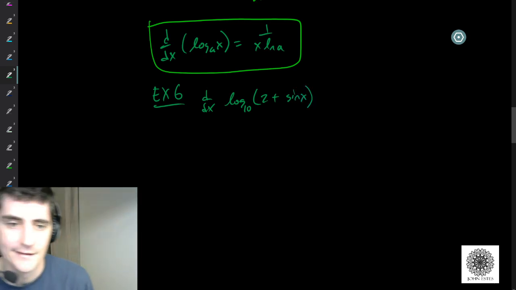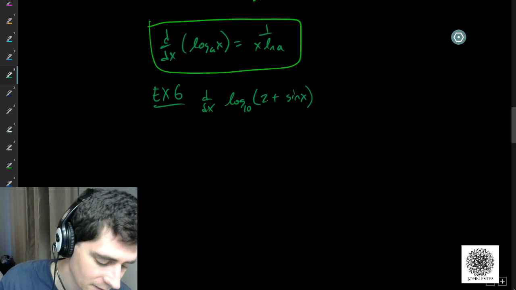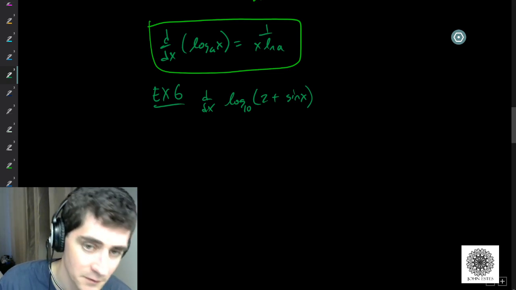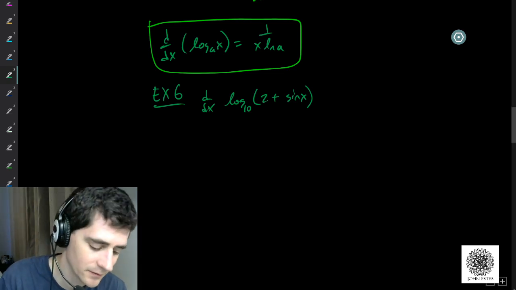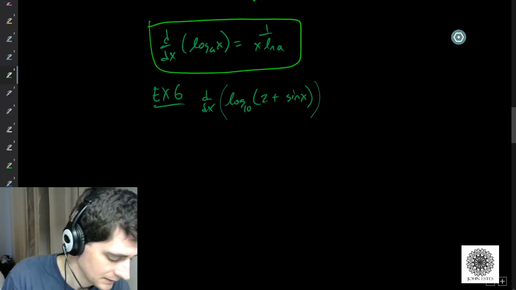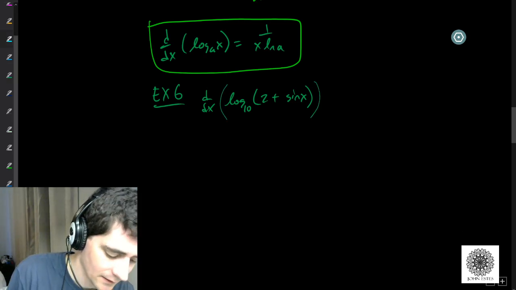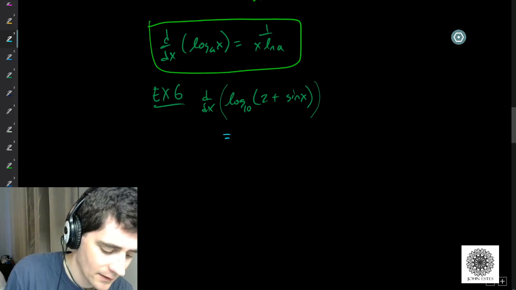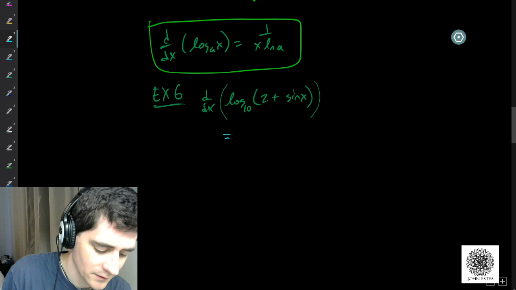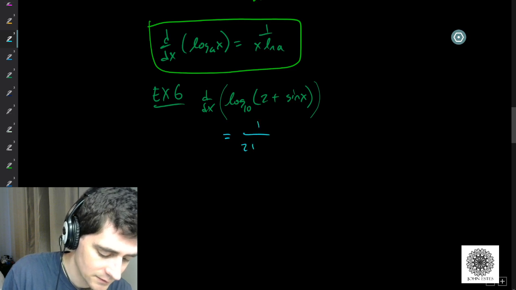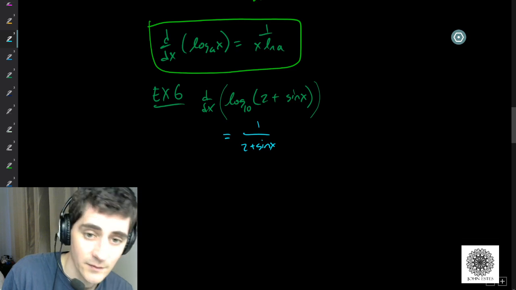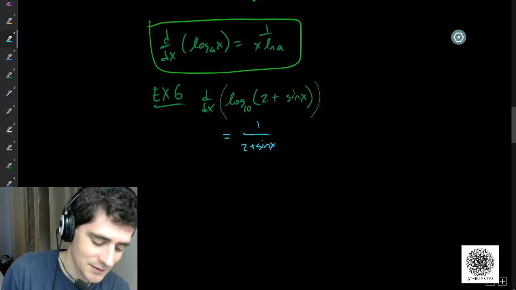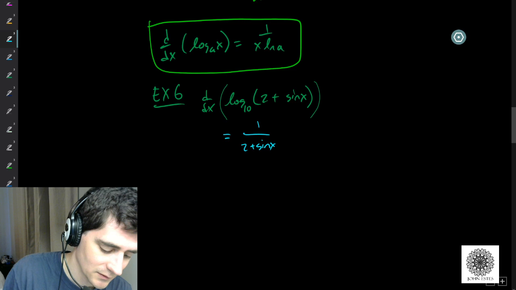So this is a log base a of u situation where I'm taking the derivative. I think I can do this though. The derivative of log base 10 of u is going to be 1 over u, so it's going to be 1 over 2 plus sine x, times its derivative, times 1 over ln 10.